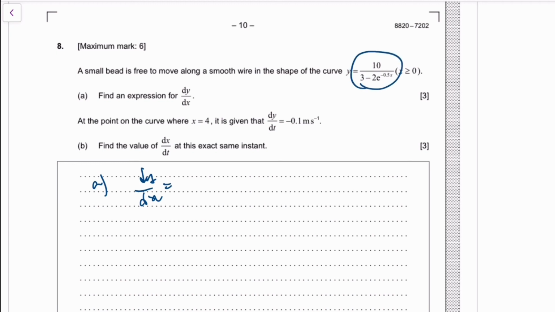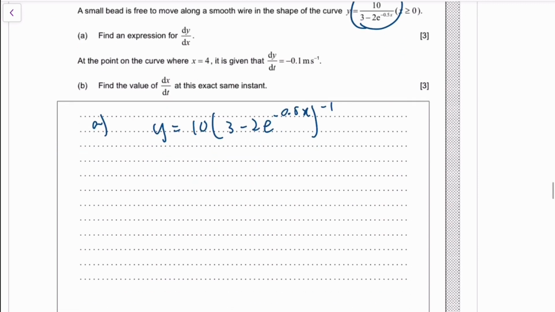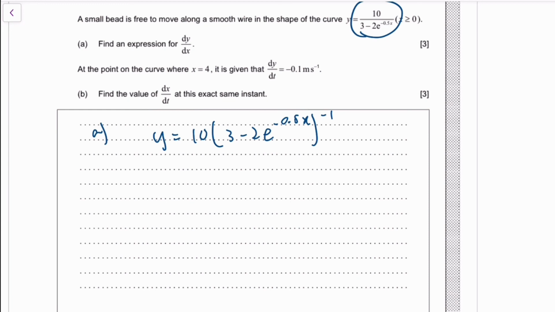So to differentiate this, we can write it as 10 times (3 minus 2e^(-0.5x)) to the power of minus 1. Some of you might want to use quotient rule. That's also fine. So 10 is a coefficient, just stay there.